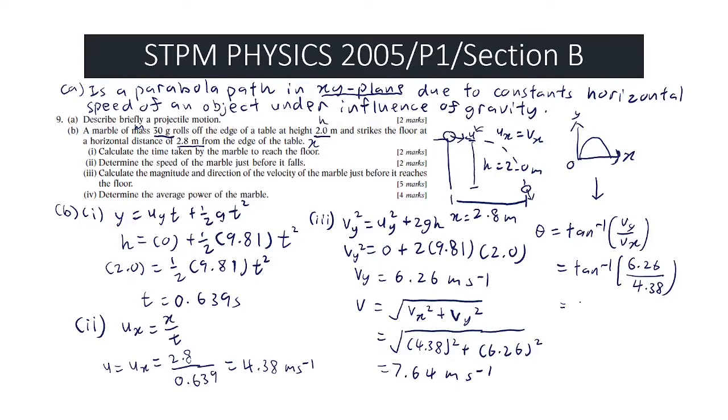I get 5.02 degrees, and this is below the horizontal.